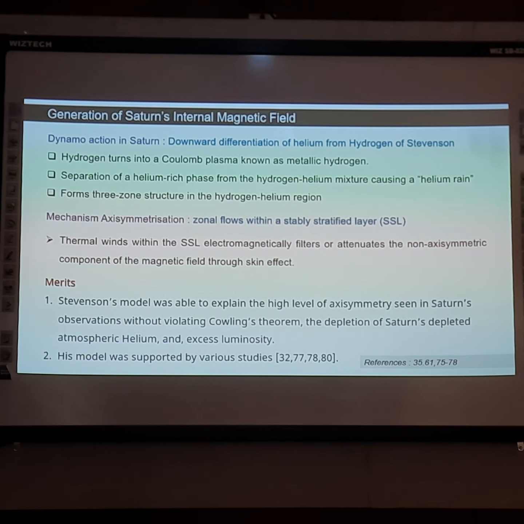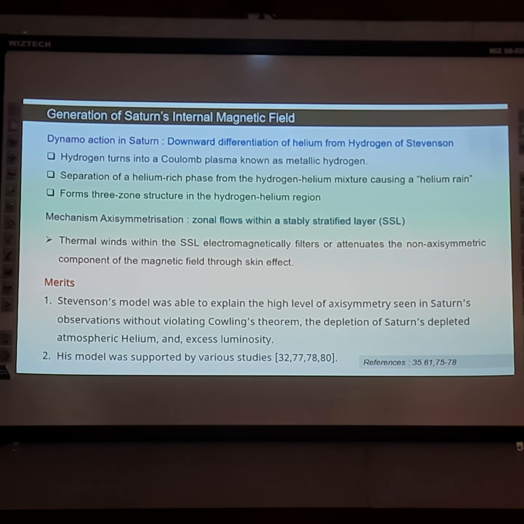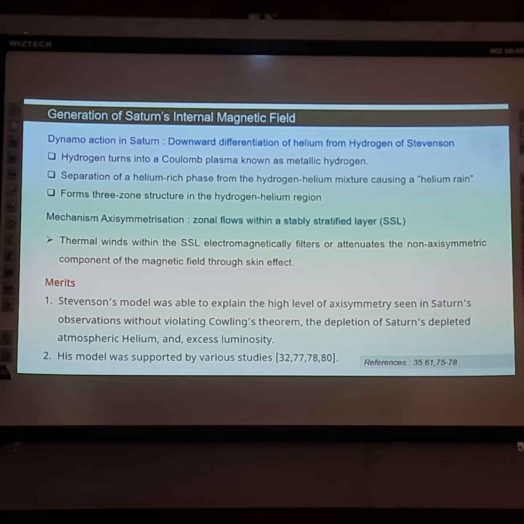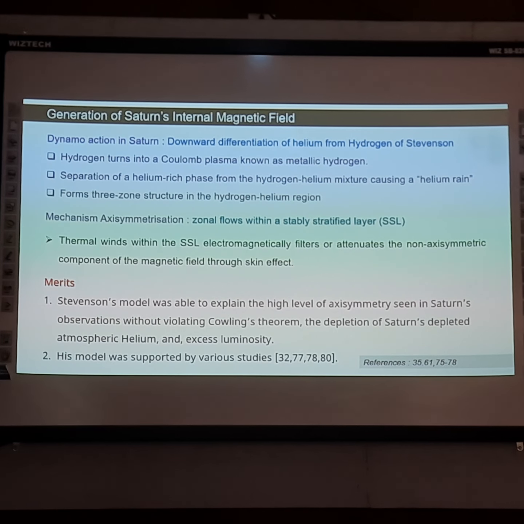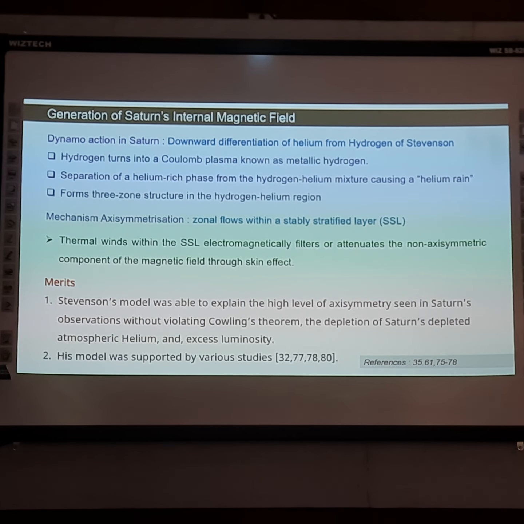But if Stevenson proposed that this is the case, then how does he explain it? His explanation was that because of the different layers, thermal winds are produced, and because of the thermal winds, the charged particles are moved, creating the magnetic field.